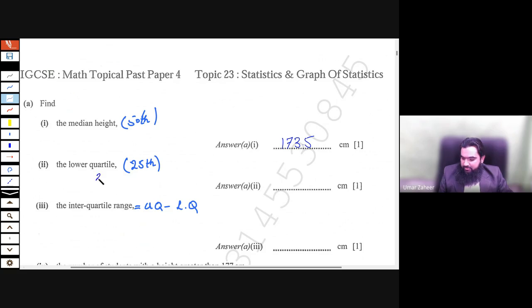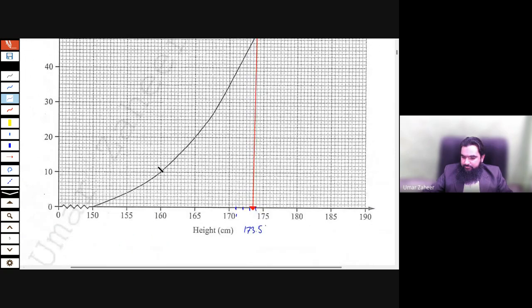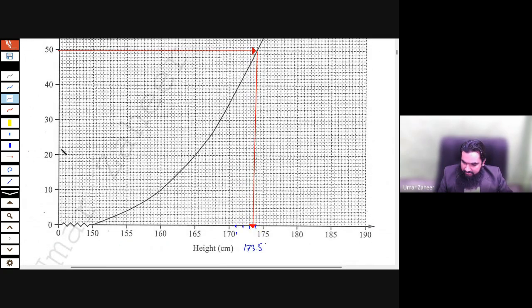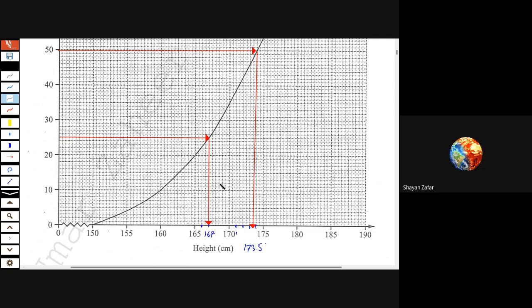In the next one, he says that you have to find the lower quartile. So the position will be 25 divided by 100 into total frequency. Total frequency is 100 as well, so the 100 cancels out and you get 25. Now from 25, move to the curve and then to the x-axis.